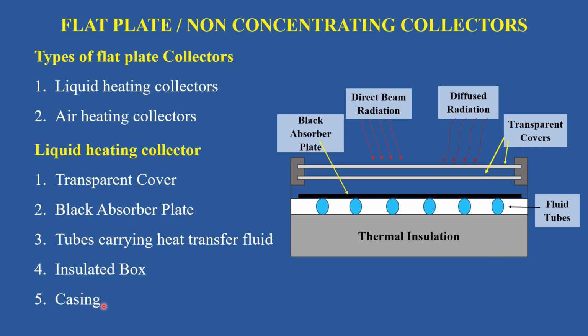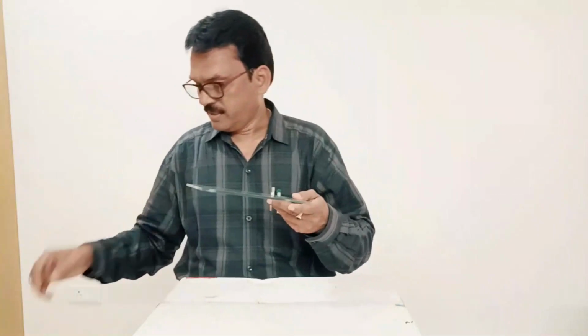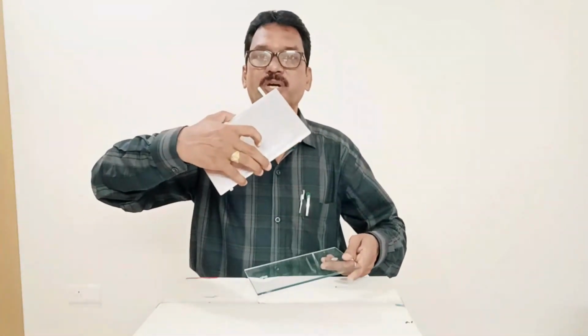The next one is the casing. The entire assembly is enclosed in a casing in order to protect all the components from various weather conditions. For the flat plate collector, this is the glass cover, and below the glass cover we place one absorber plate.